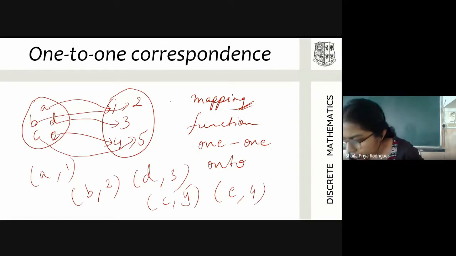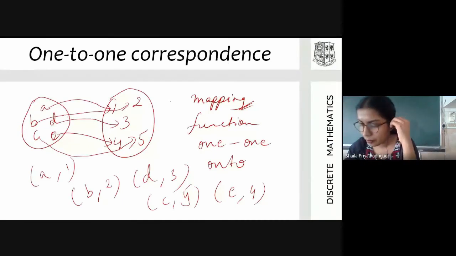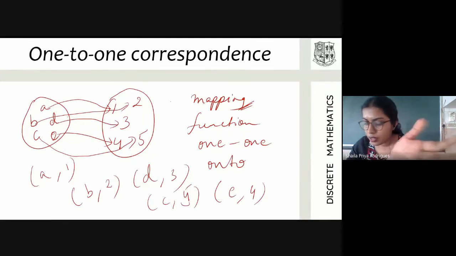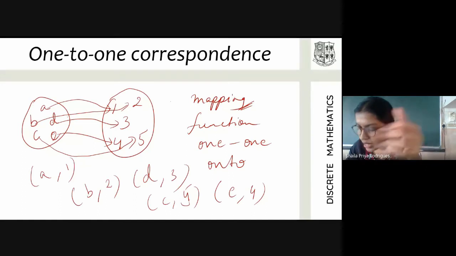The first element in the pair from the first set and the second element in the pair from the second set. And when you're forming these pairs, no element is left out in the first set or the second set, right? So that's when you say that two sets have one-to-one correspondence. When you can pair off elements in the first set with elements in the second set, with no element in either of the sets being left out.